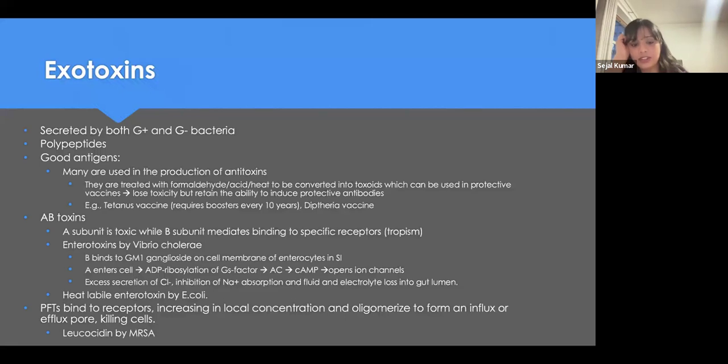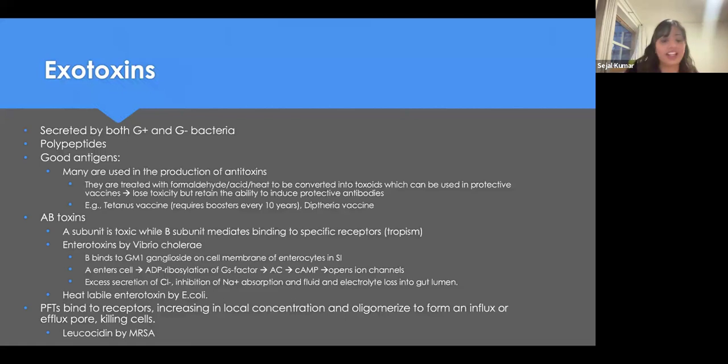Basically, it causes excess secretion of ions and inhibits sodium absorption, and causes fluid and electrolyte loss in the gut lumen. It causes diarrhea basically.